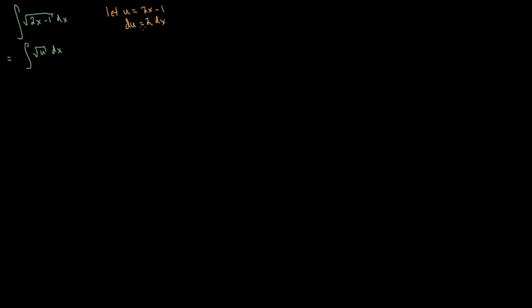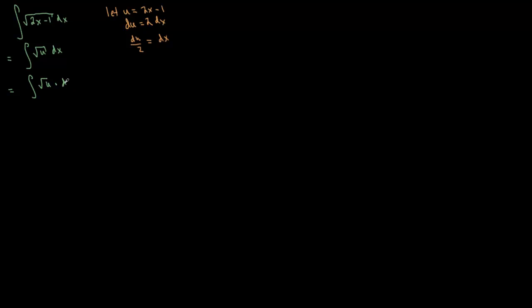So I need to make a substitution over here. And what do we notice? Well, I almost have dx over here. One way to think about it is that du over 2, dividing both sides by 2, equals dx. So now I can make a proper substitution and say this is the antiderivative of the square root of u times du over 2.